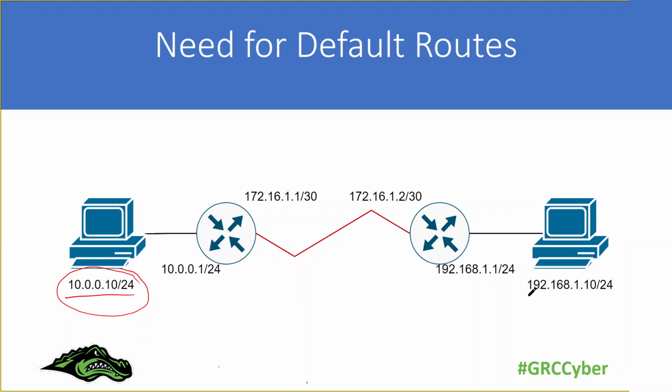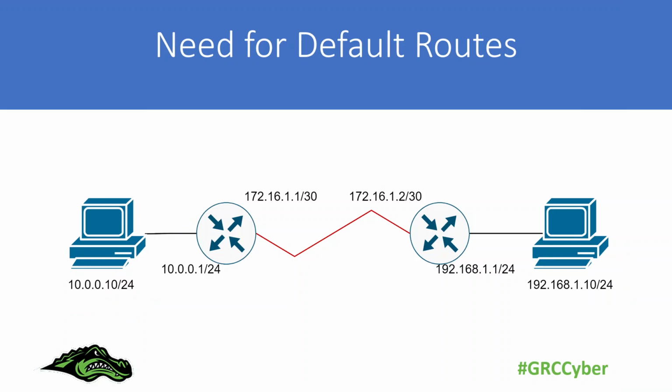However, if it wants to reach somebody on a different network, then it needs a default route, in this case, that tells it, use the router right there for anything I don't already know about. Sometimes this is referred to as the gateway of last resort. If I don't know how to get somewhere, then go over there as the last option. So that's a default route from a PC's point of view.